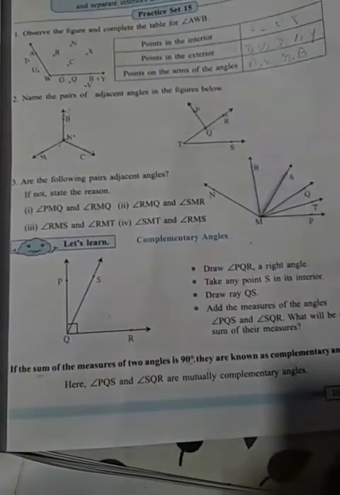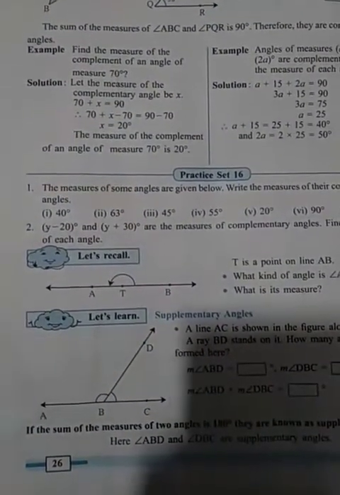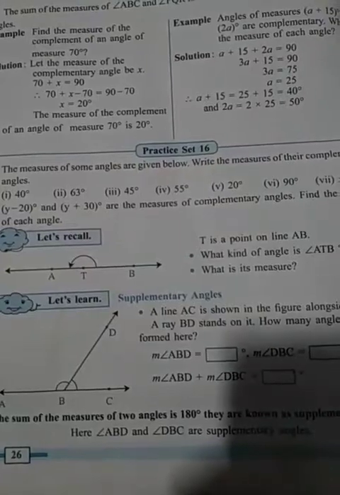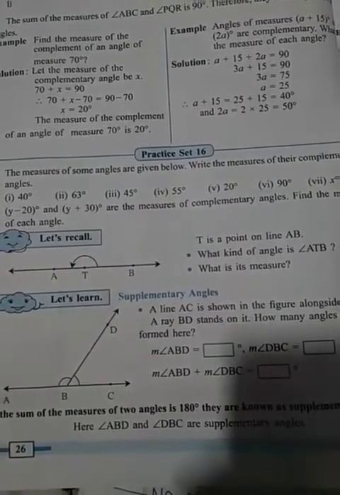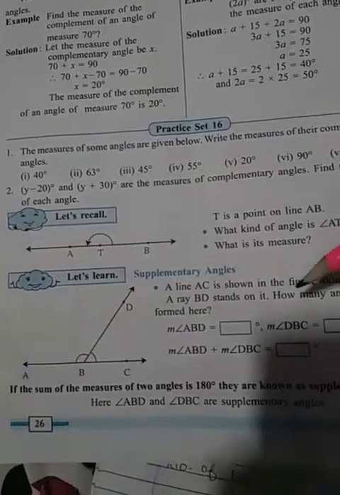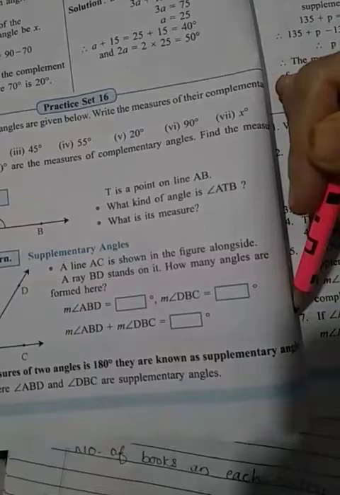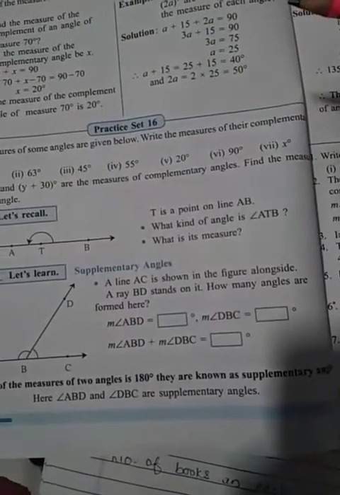If the sum of the measures of two angles is 90 degrees, they are known as complementary angles. Note down. So one is complementary and the next one is what? Supplementary. एक होता है कॉम्प्लीमेंट्री और एक होता है सप्लीमेंट्री एंगल. What is a supplementary angle? If the sum of the measures of two angles is 180 degrees, they are known as supplementary angles. Like complementary angle is what?